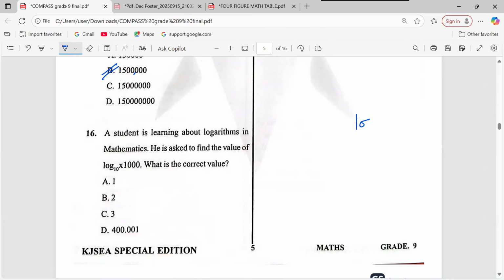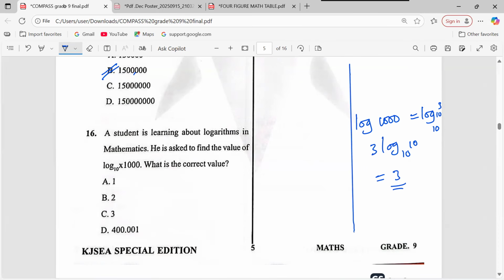Therefore, the log of 1,000 is the same as the log of, according to what we are having here, we can break down the 1,000 and have 10 to the power 3. We can drop the power of 3 here and remain with log 10 to base 10, making 3 the right answer, because the log of 10 to base 10 should give you 1. Or the log of any number to the same base should give you 1.